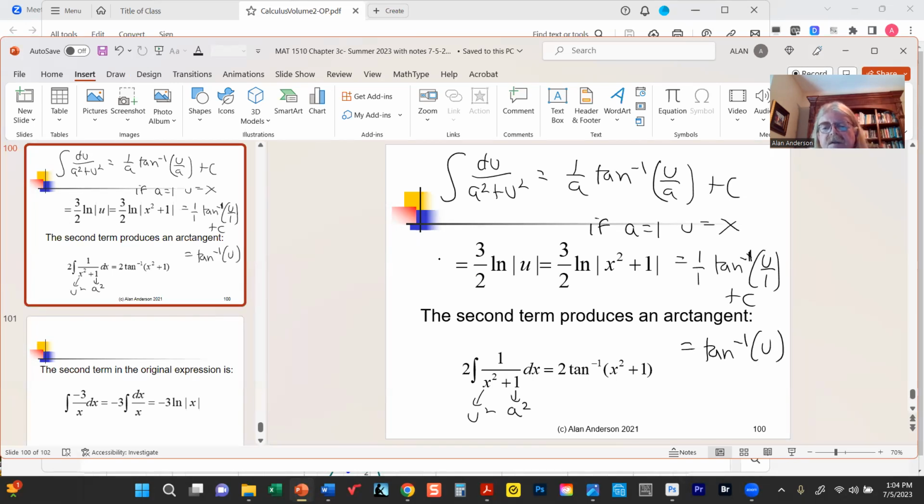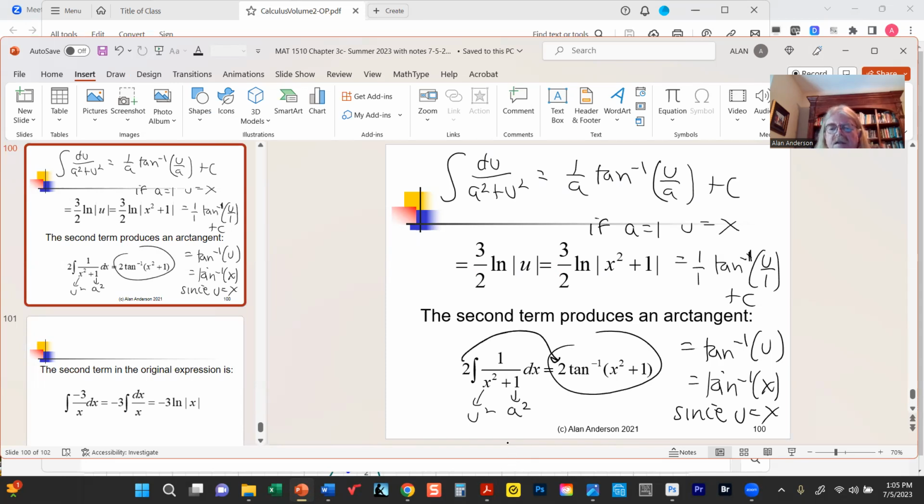And since u in this case is x squared plus 1, sorry, u is x. That means we just have this. The 2 is coming from here, by the way. It's simply the arctangent of x squared plus 1.